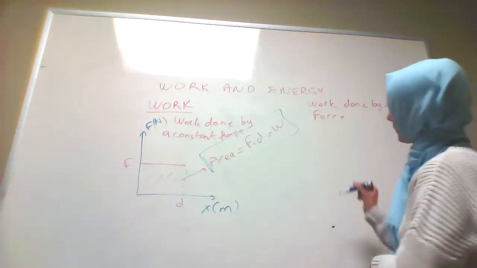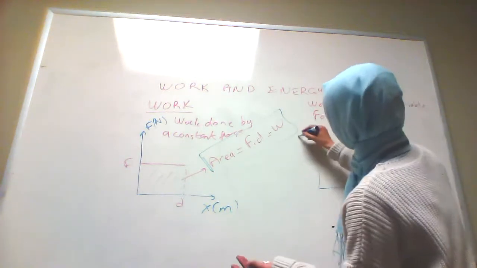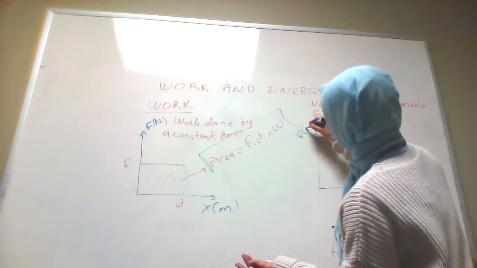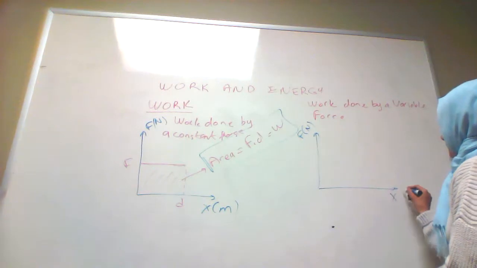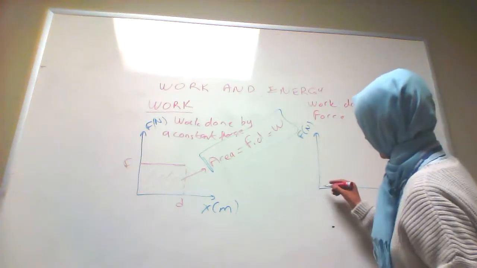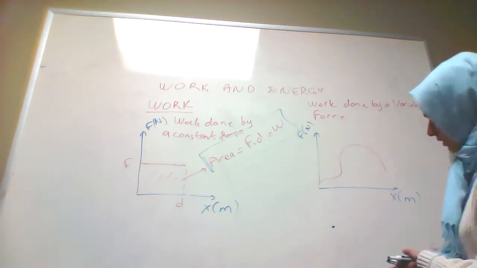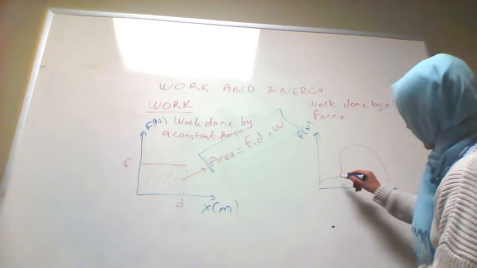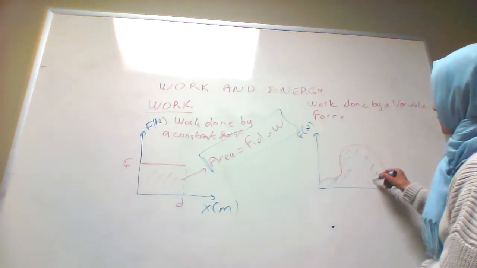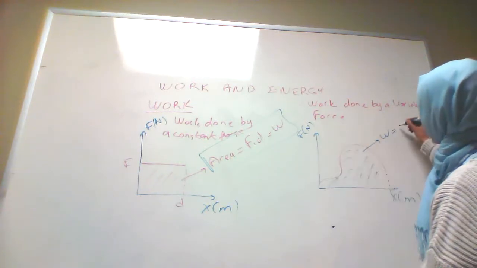If I have a variable force, let's say a random varying force against displacement, it starts from 0 and moves the object a distance. Still the area under this curve is equal to work. Work done by this force is equal to this area.